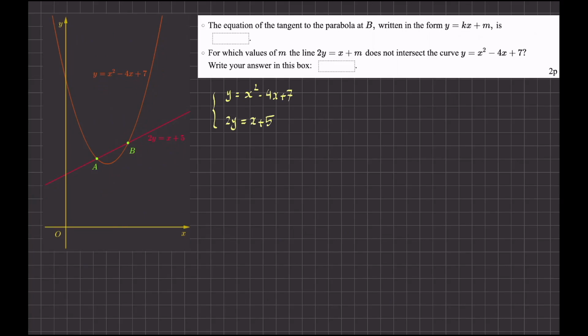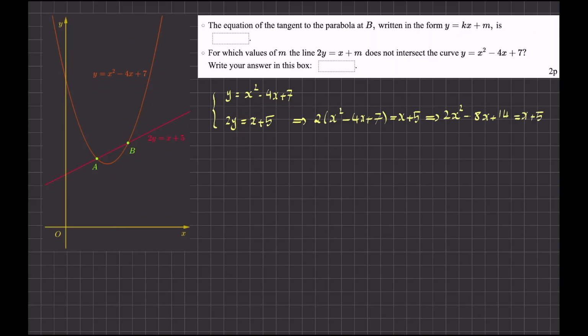Of course, you have to equate the y's. What I will do, I will replace this y with this expression. So what happens then? It becomes 2 times (x² - 4x + 7) equals x + 5. I multiply 2 in, so it becomes 2x² - 8x + 14 is equal to x + 5.